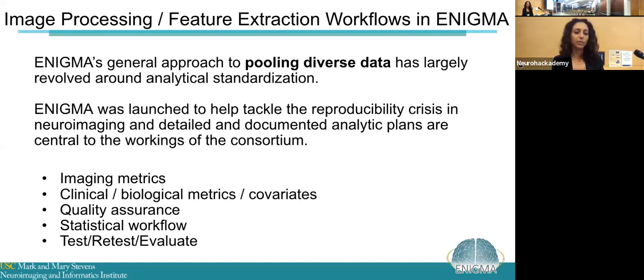It goes for the imaging metrics, some of the clinical and biological metrics, the covariates. Something that my group and I have been very involved in is the quality assurance, just making sure whatever protocols get run, you are visually looking at the data and making sure that it actually makes sense. The statistical workflows get repeatedly tested, retested, and evaluated before they're distributed on a global scale.